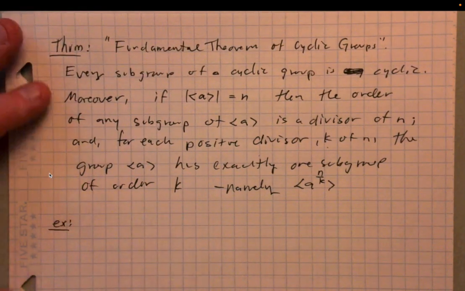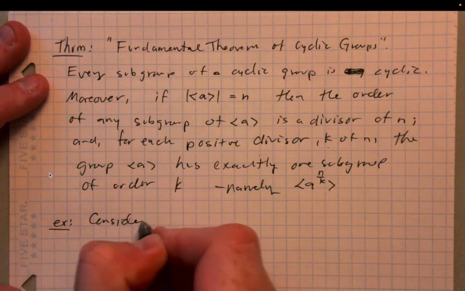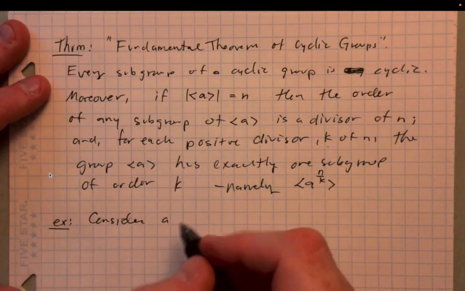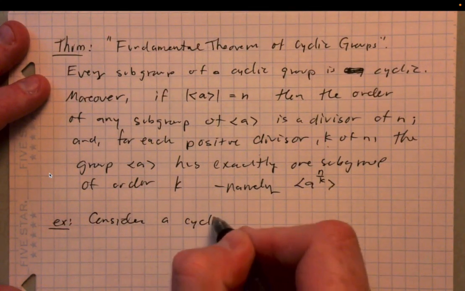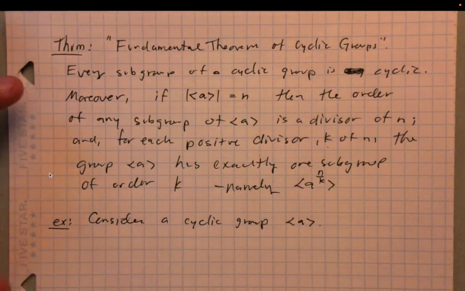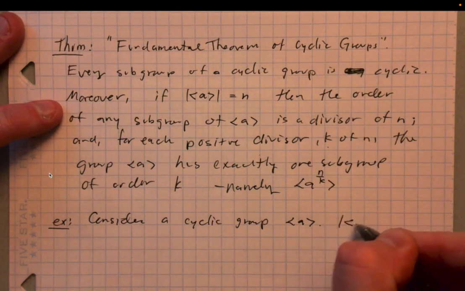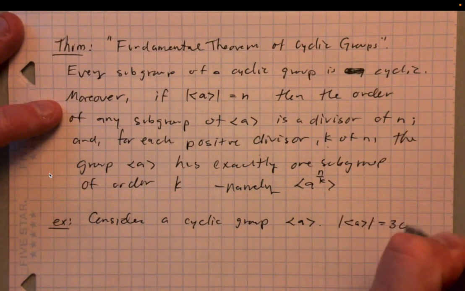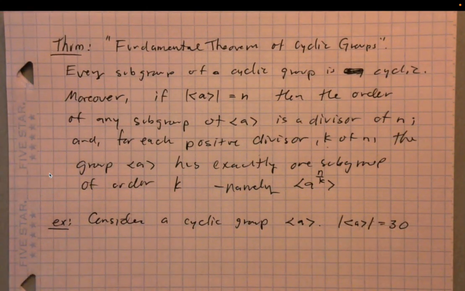Okay, we're going to consider a cyclic group A, and we're going to say that the order of A is 30. Okay, so there's 30 elements in this cyclic group.